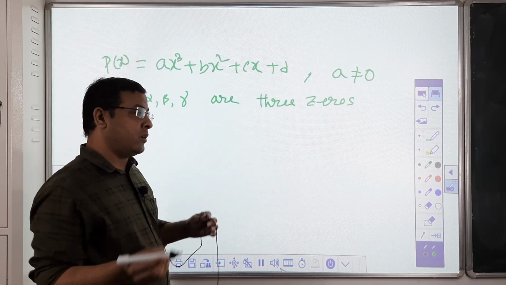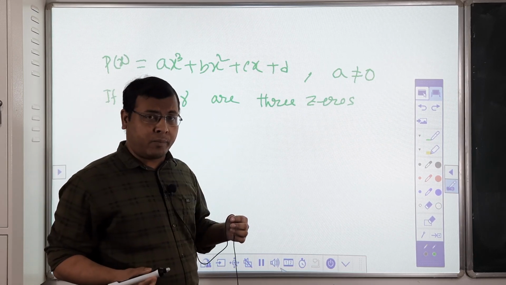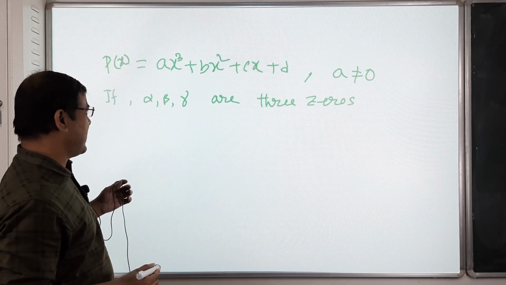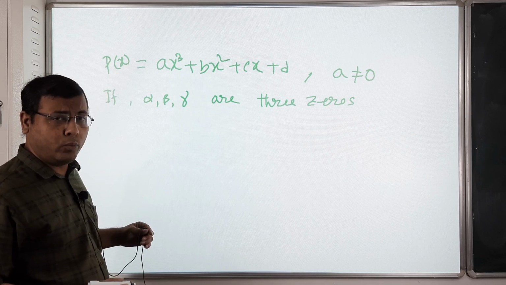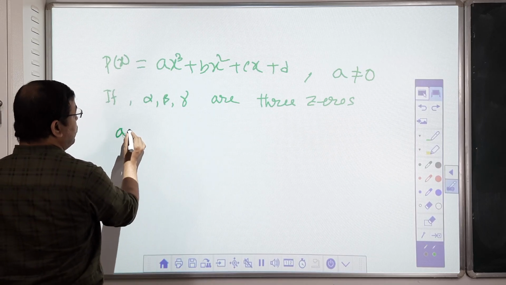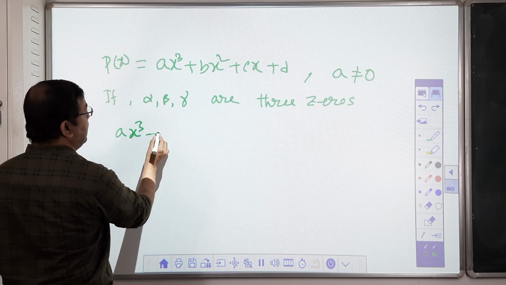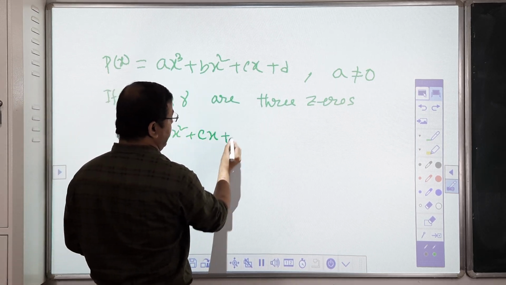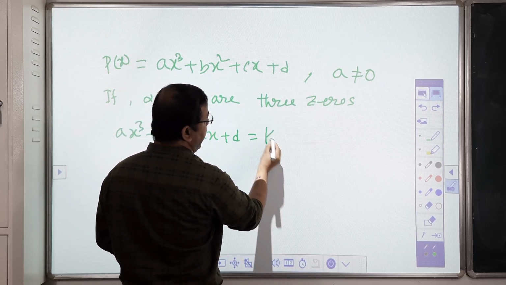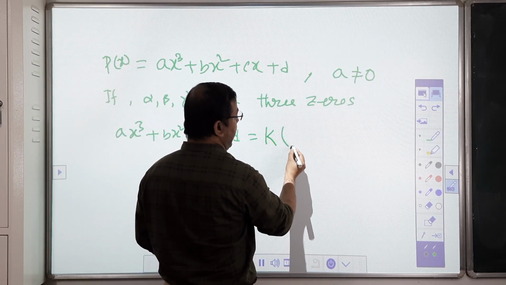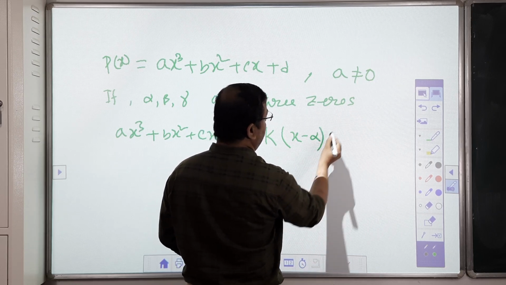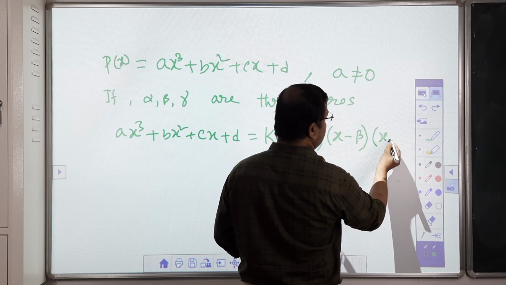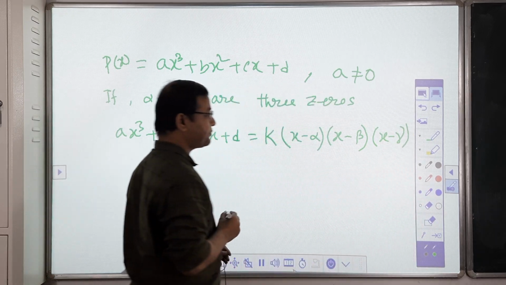Similarly, as with the quadratic polynomial, we write a similar expression for the cubic polynomial. That means you can express the cubic polynomial ax cube plus bx square plus cx plus d as k into (x minus alpha) into (x minus beta) into (x minus gamma).